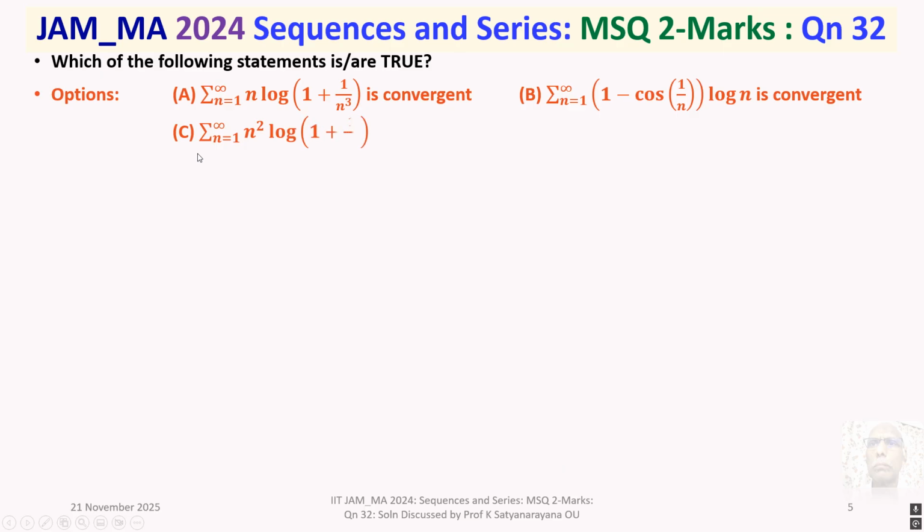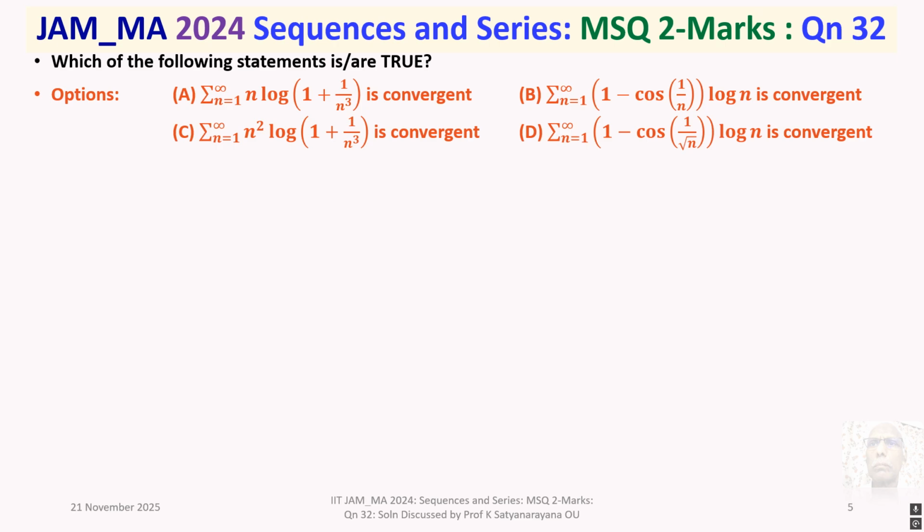Option C, the series sigma n equals 1 to infinity n square log of (1 plus 1 by n cube) is convergent. Option D, the series sigma n equals 1 to infinity (1 minus cos of 1 by root n) multiplied by log n is convergent.